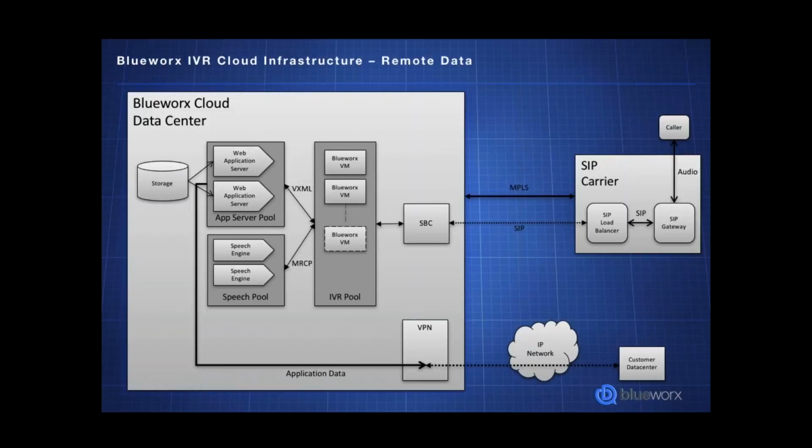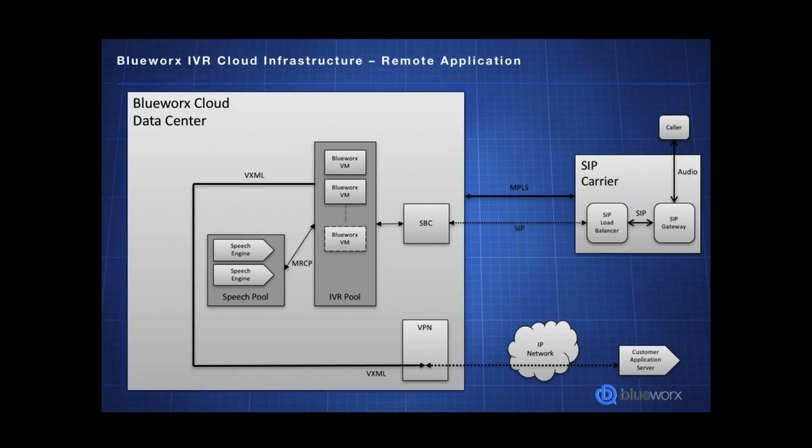In this example, rather than just using local storage in the cloud, we have connected to a customer's data center to get application data from there. So it could be account data, for example, and the application server will connect through a VPN across the IP network to the customer's data and extract the necessary data for the applications to compile the voice XML.